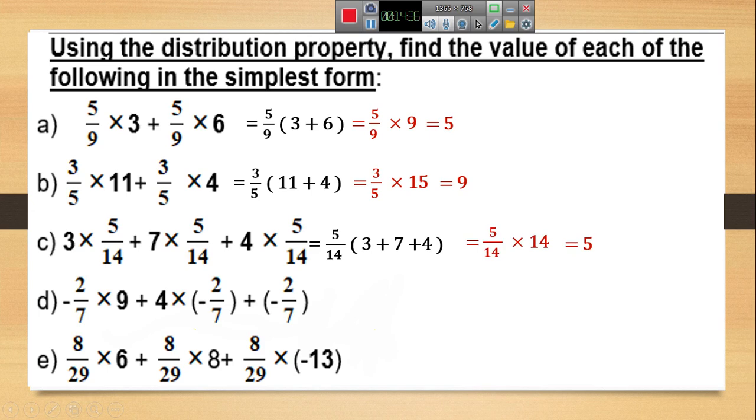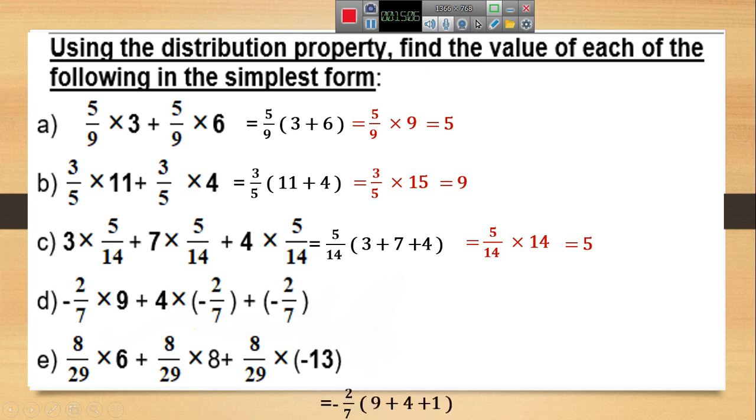What about this one? Negative 2 over 7 times 9 plus 4 times negative 2 over 7 plus negative 2 over 7. By looking at this question, you will find that the repeated fraction appears 3 times, but there are only 2 other numbers: negative 2 over 7 multiplied by 9, and negative 2 over 7 multiplied by 4. What about this last fraction? Negative 2 over 7 multiplied by 1.